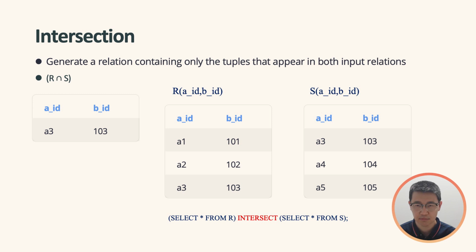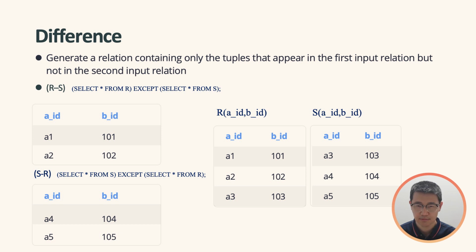They appear in both R and S, and they have the same attributes. So the new relation is A_ID equals A3 and B_ID equals 103. In SQL, the operation would be intersect, as in select star from R intersect select star from S. This operation corresponds to finding the intersection of relations.